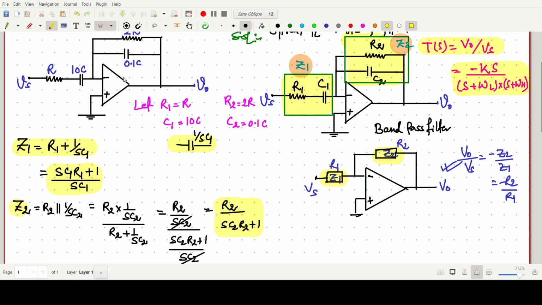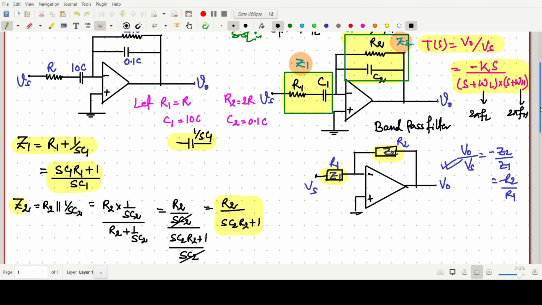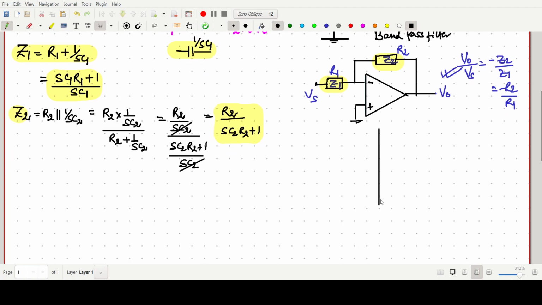Okay, so once again, this omega l is 2 pi fl, omega h is our 2 pi fh. Okay, and band pass response is there, so band pass will be like this.